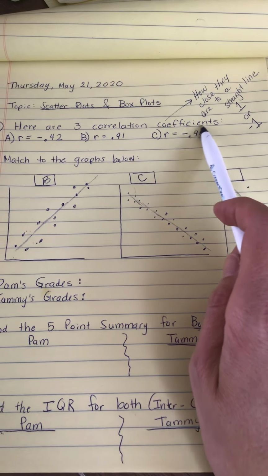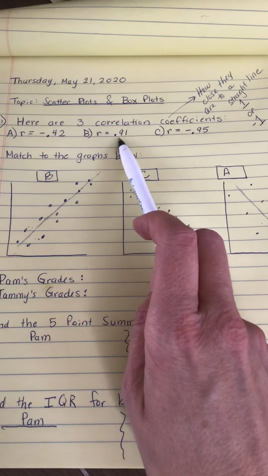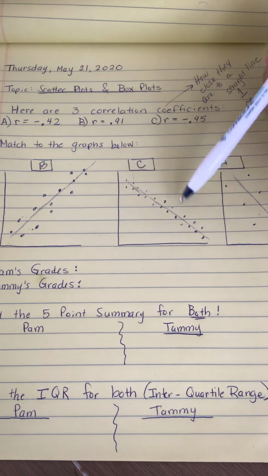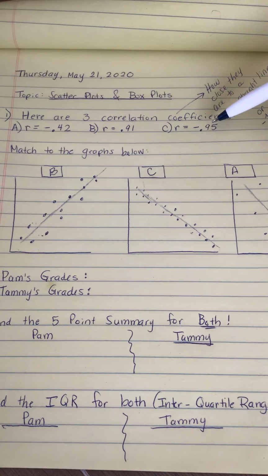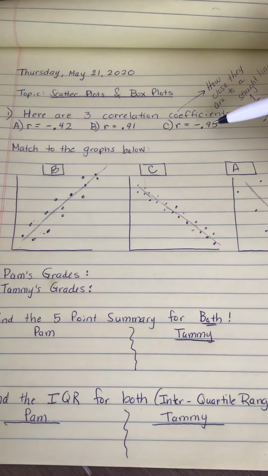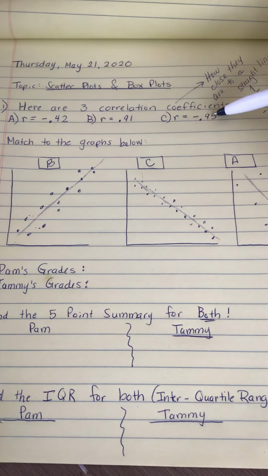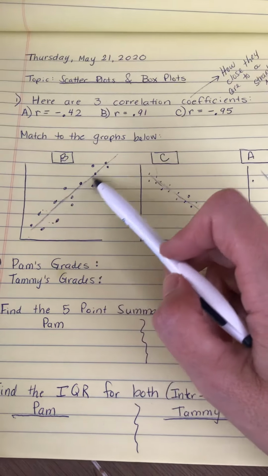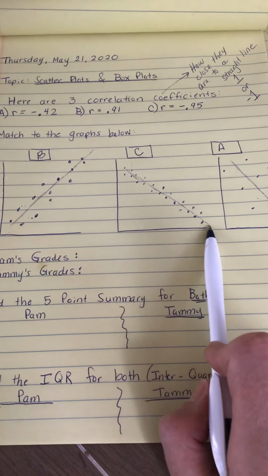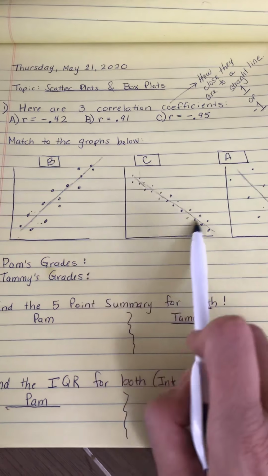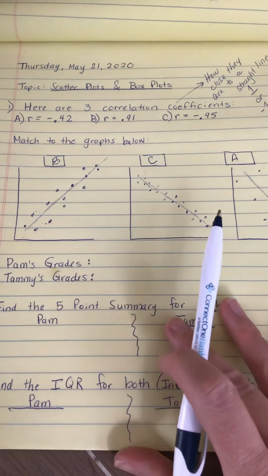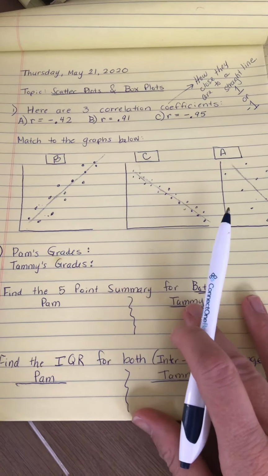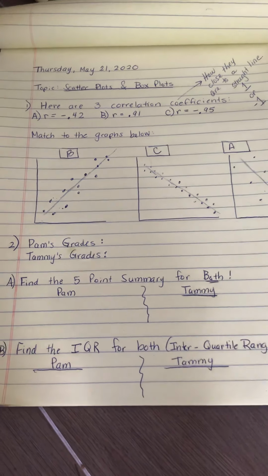These should still be closer to a line than those, even though it's a negative line. You see how these points are closer? That's even stronger. That's closer to the 1 mark. I know it's -1, but let's pretend, just take the negative out of it. That's closer to the 1 mark than that one. These are a little more spaced out. This is closer to a negative line. This is actually the best correlation here, C, because that's closest to a straight line. Okay, so that's that one.